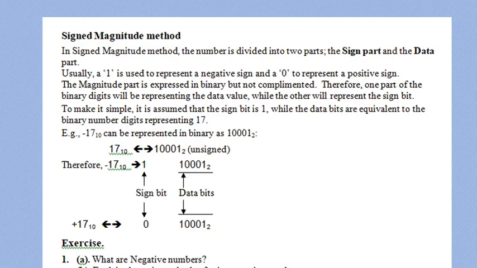But if we want to show that it is positive, then we add 0. For instance, for plus 17, I have added 0. This is to show that the number is positive. But for negative 17, there is an addition of 1. Therefore, this is the sign part, and this is the data part.